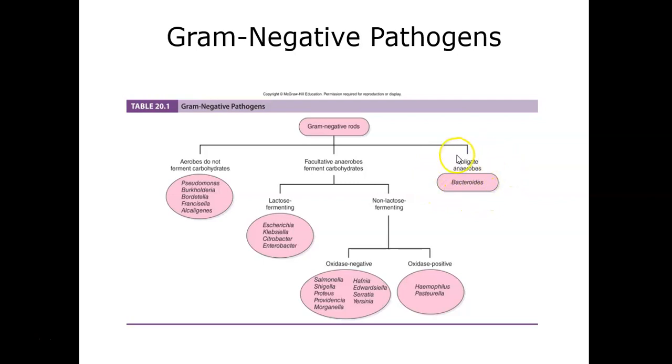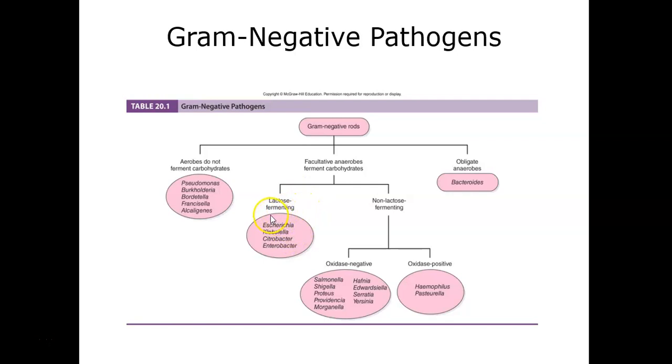We have one that fits into the obligate anaerobes, meaning that they are not able to survive in the presence of oxygen. The majority that we'll see fit into the aerobes, and we also have some that are facultative anaerobes, which means that they require the oxygen but can survive if oxygen is absent.